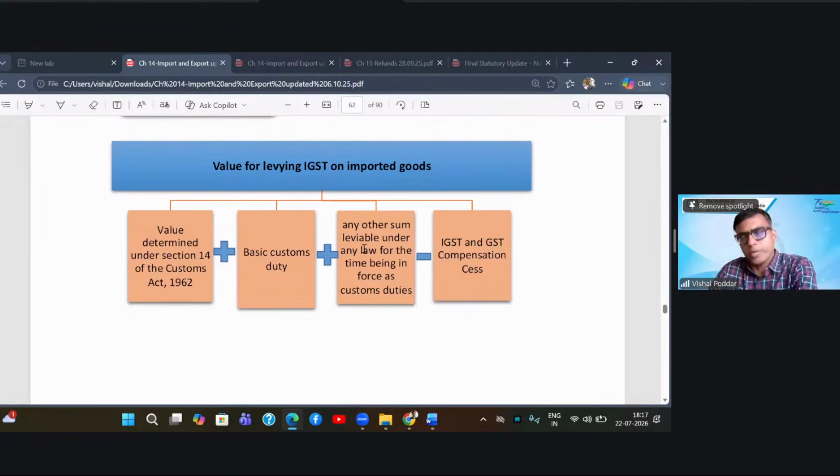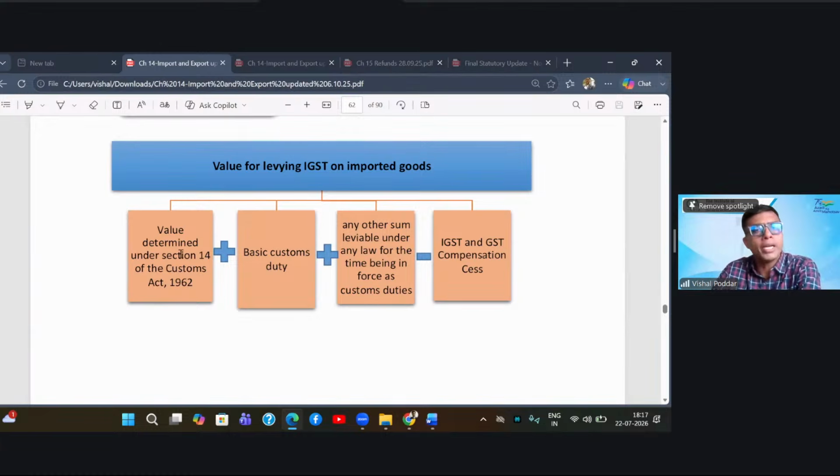Now, an important point. What will be the value for the purpose of computing this IGST on imported goods? Here again, students, you should keep in mind that the section 5(1) proviso of the IGST Act says that levy, collection, valuation, everything will be as per the customs. So here you will not apply section 15 of the CGST Act, which is the valuation section of GST.